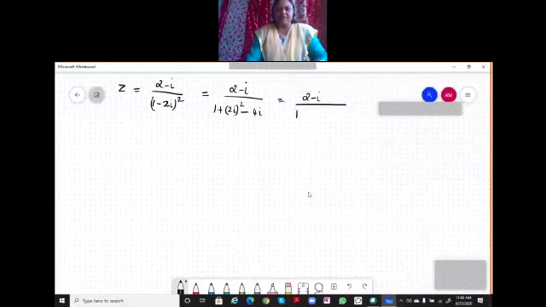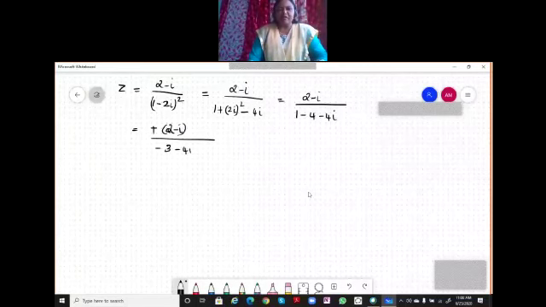What is (2i) whole square? It's nothing but minus 4, minus 4i. I am keeping the numerator as it is, 2 minus i. What is 1 minus 4? We get minus 3 minus 4i. Let me take minus common. So if I take minus common, we get (2 minus i) divided by (3 plus 4i). We have simplified the denominator.